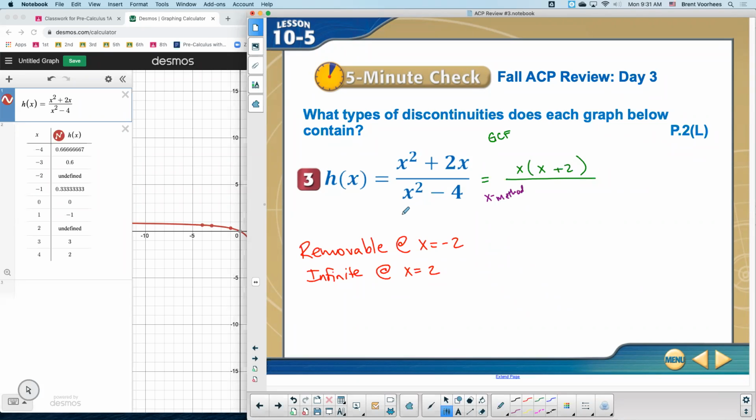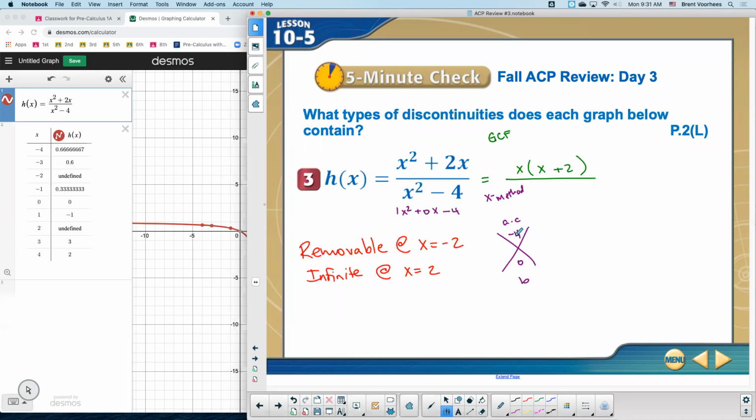This one is saying I have 1x squared plus 0x minus 4. That's like the denominator. I'm going to use x method here. So factors of a times c, which would be 1 times -4, over b value of 0.